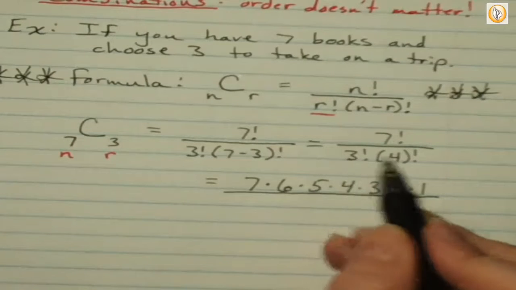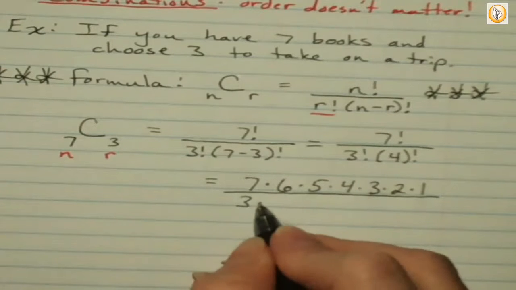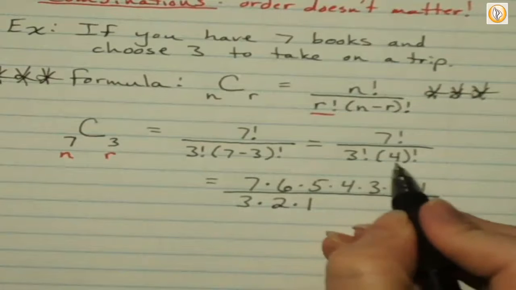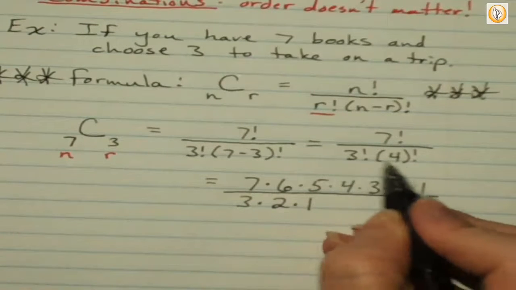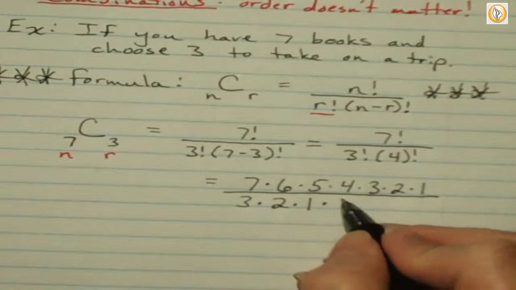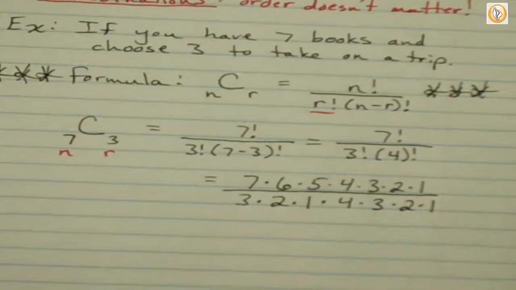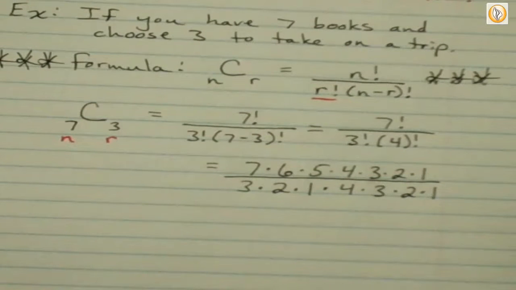You're going to do the 3 factorial and then the 4 factorial. So 3 factorial is 3 times 2 times 1. Now, what operation's taking place right here, Joseph? Multiplication, right? Times 4 factorial, 4 times 3 times 2 times 1. So does everyone see what I did? Do you understand the bottom part?